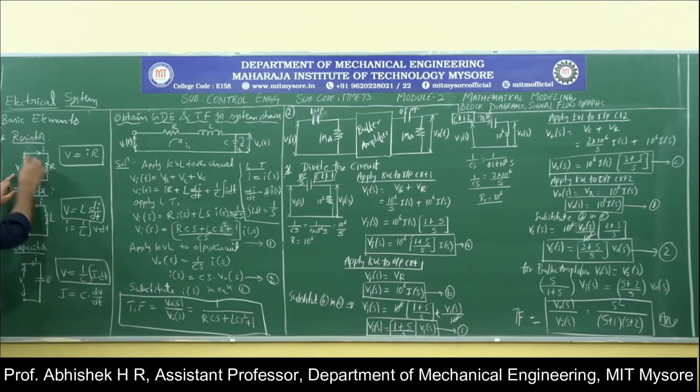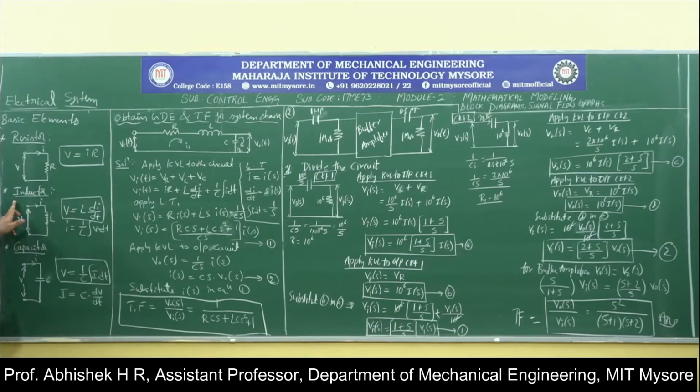Suppose you consider an electric circuit, the current flowing through a conductor is denoted by I, resistance R, and the voltage between two points is V. As per Ohm's law, the standard expression is V equals I into R, where V is the voltage, I is the current and R is the resistance. This is one of the elements of an electrical system.